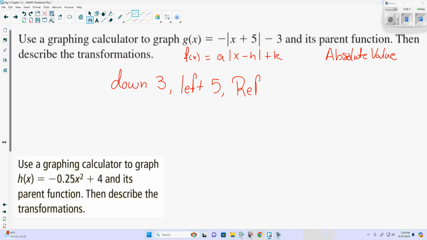Yes, and since the a is negative, we have a reflection across the x-axis. Figured out how to type it in. The absolute value is not too bad because it's math over 1 to none. But we have this here. And that's it.